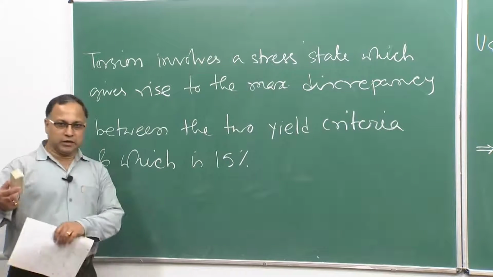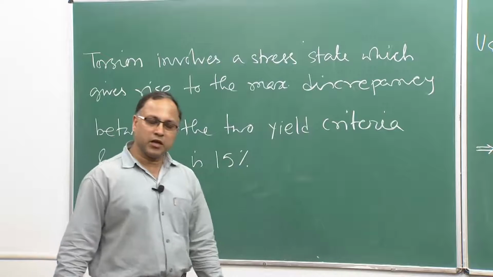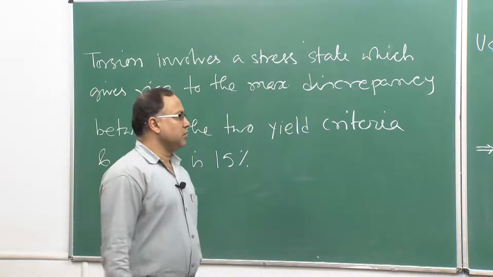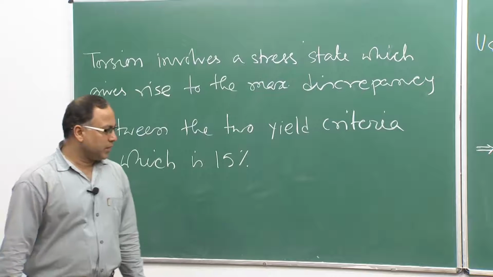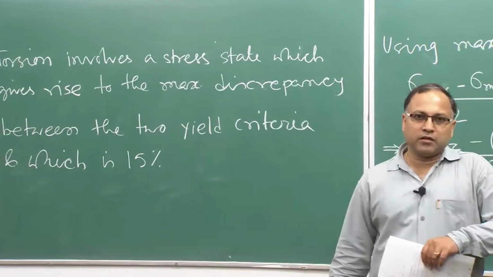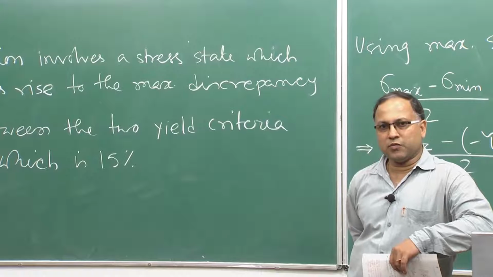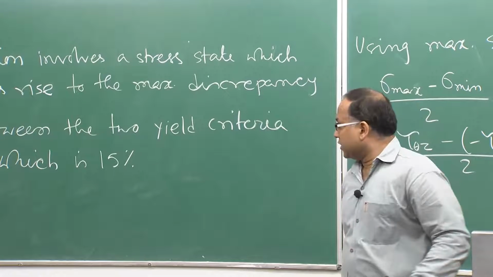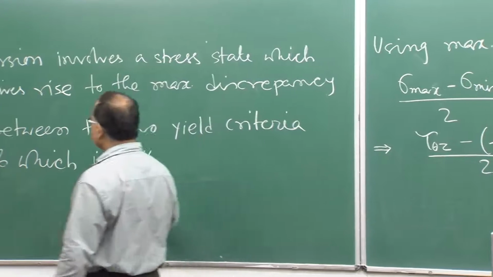So, in one case you are getting 0.577 Y, in another case you are getting 0.5 Y, and that gives the discrepancy between these two criteria. So, with this I am concluding your torsion chapter. Now, we will take a couple of numerical problems and then we will move to the next chapter. So, let us take some numerical problem.